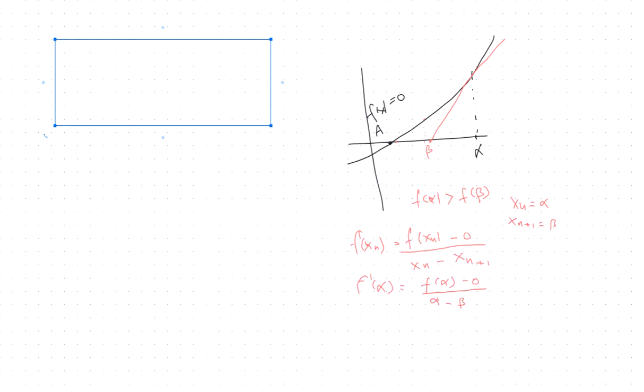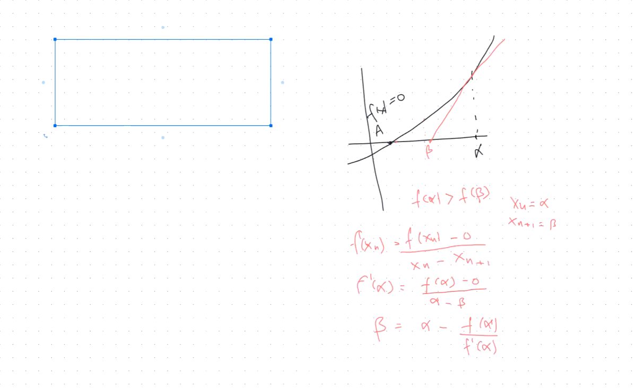If we rearrange this equation, we're going to have beta equals alpha minus f of alpha over f dash of alpha.